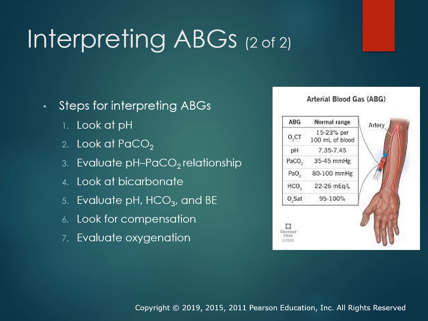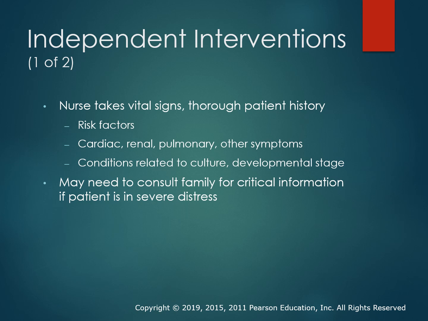So again, in compensation, if it's respiratory, then the bicarb's going to show compensation. If it's metabolic, the PaCO2 is going to show compensation. And we'll talk more, I'll answer your questions about that.